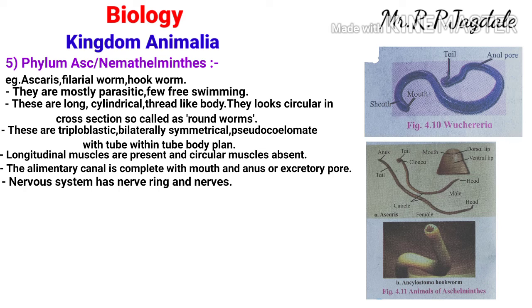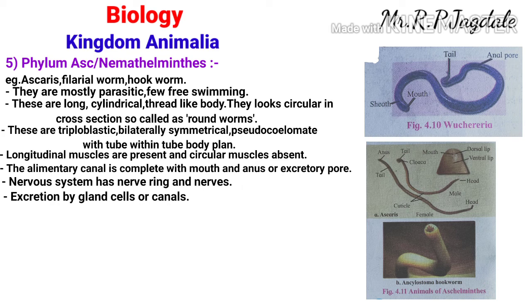Now it is an evolved condition; the nervous system is now developing. The pharynx is well developed and muscular. Pharynx is a part of the digestive system. Excretion is by canals or gland cells.